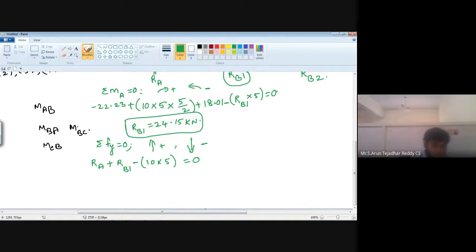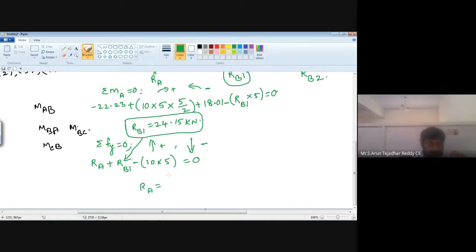Now, I know the RB1 value. So substitute the RB1 value in this equation, then we'll get the RA value.